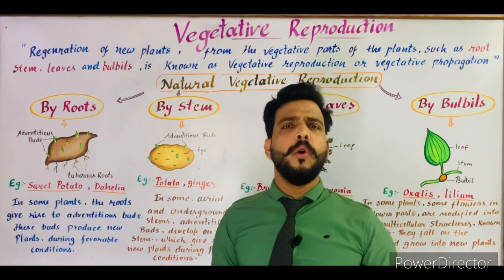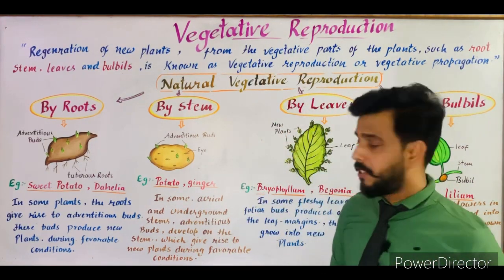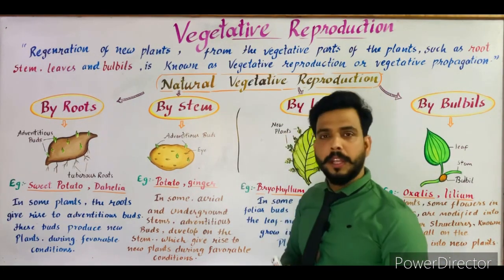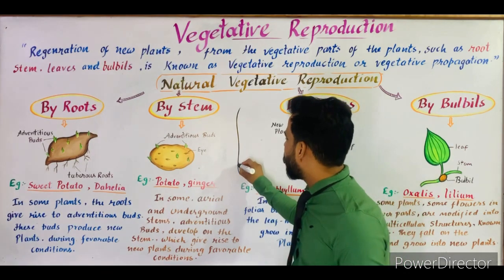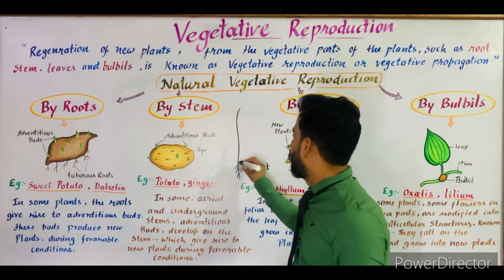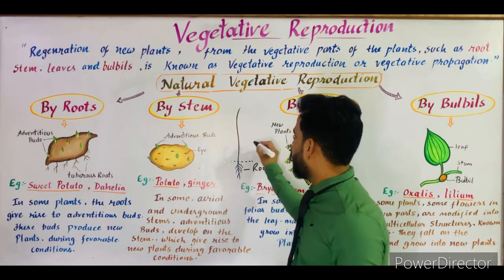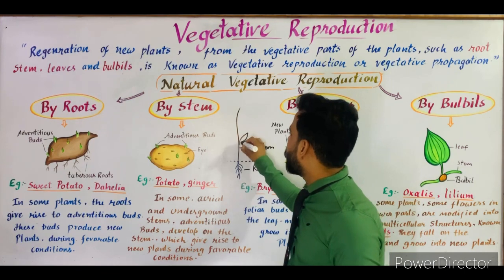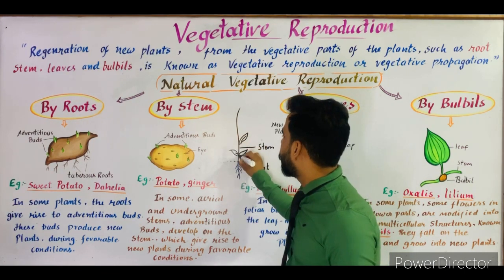So first of all, what is vegetative reproduction? Suppose this is a plant, and the plant consists of different parts. The lowermost part is known as the root, which is inside the soil. Generally, this part is the stem, and the stem bears leaves.